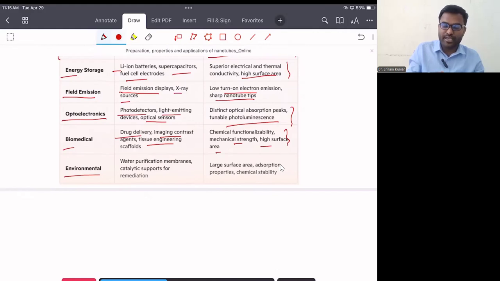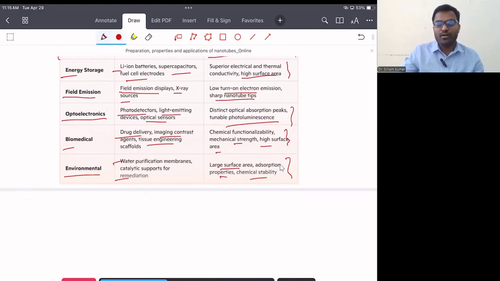For example, we can use CNT in water purification membranes, and we can use it for catalyst development. Here we use the large surface area, absorption properties, and chemical stability of the CNT, which make it an ideal material for environmental applications.